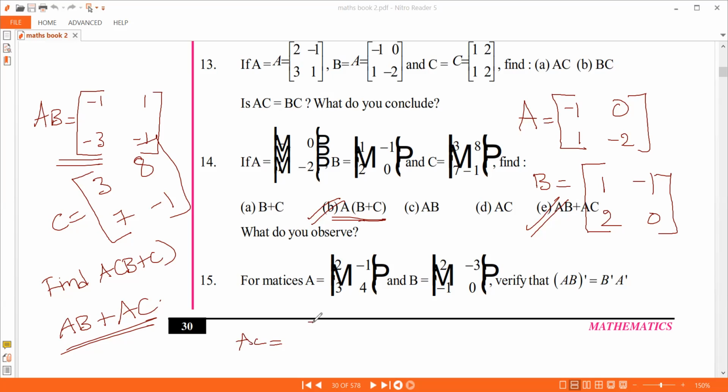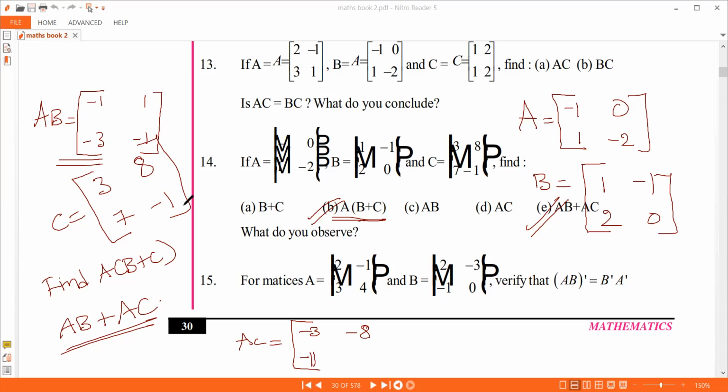And now AC. AC I got minus 3. So let's check. It's minus 1 into 3, minus 3. Good. Next, minus 8, correct. Next, 1 into 3 plus minus 2 into 7, 3 minus 14, that is minus 11.